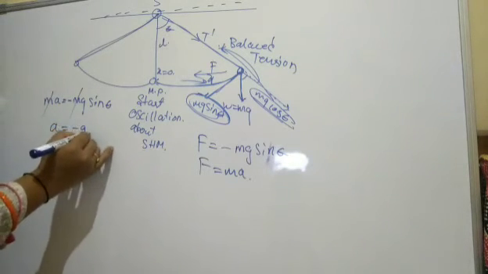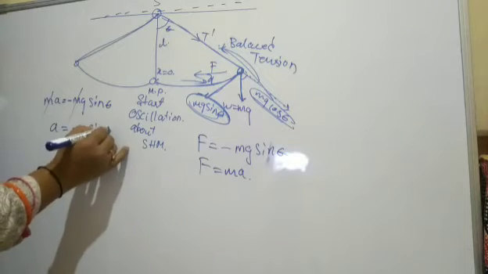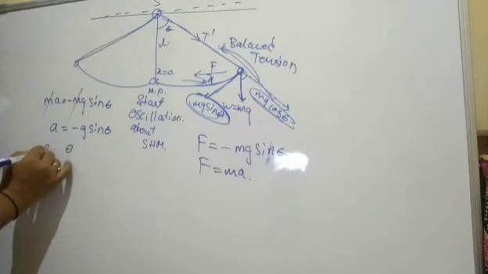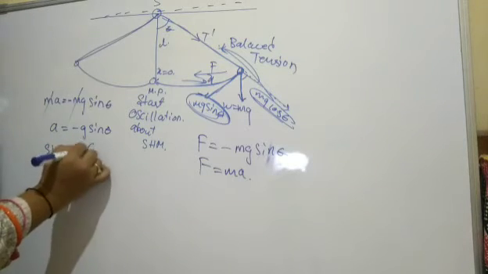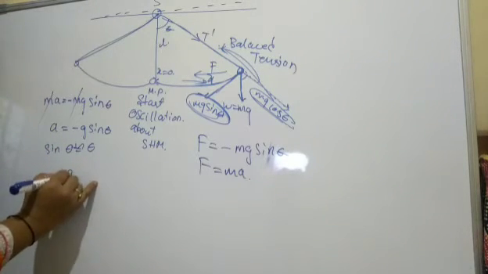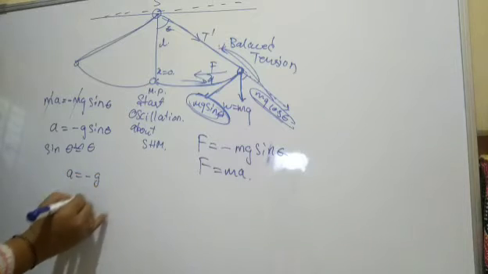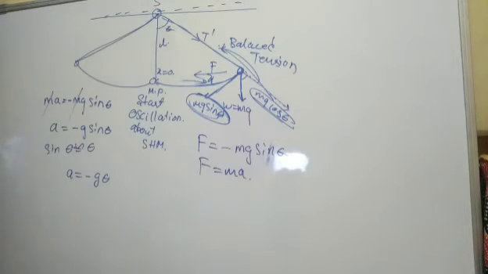Acceleration is equal to minus g sin theta. Where theta is very small, sin theta is very small, so we can take it as theta. So we are getting acceleration is equal to minus g theta.